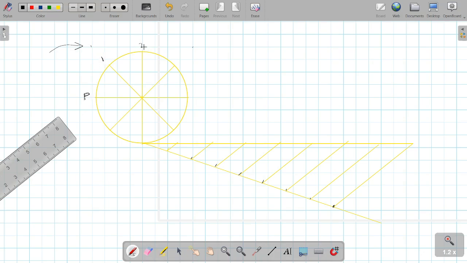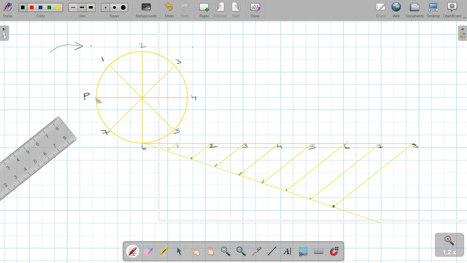So this will be point 2, then 3, then 4, 5, 6, 7, and 8, or it is P itself. Then we will give the numbers to this horizontal division also. This is 1, 2, 3, 4, 5, 6, 7, and 8.